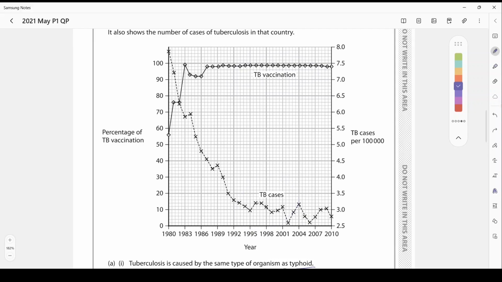So we can say that as the vaccination rate increases in the beginning, we can see that the tuberculosis cases decreases. We can even say that even though the vaccination rate is near 100% and remains constant at near 100%, the tuberculosis cases fluctuates throughout the years.